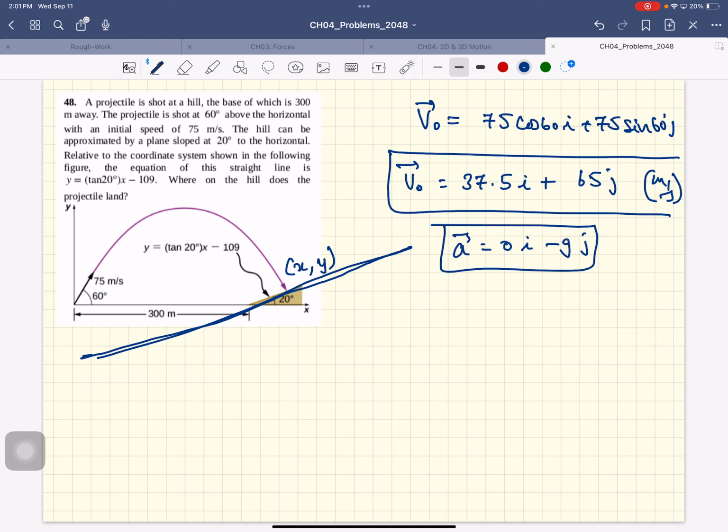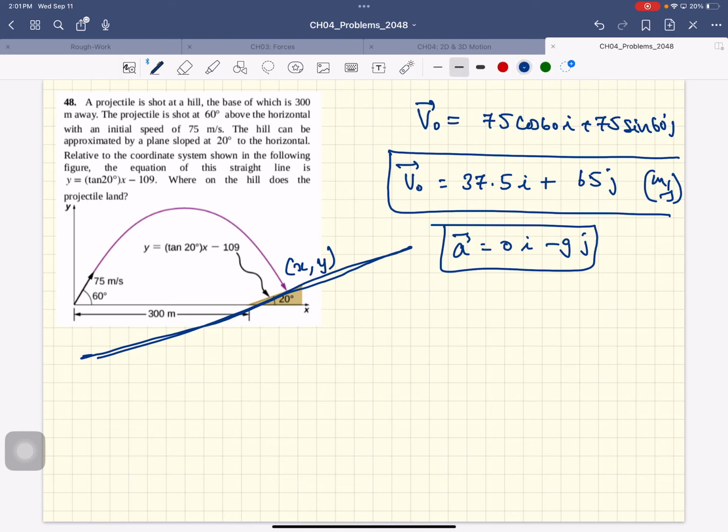Now we have set up the problem. The y component of the motion always gives you the time of flight.